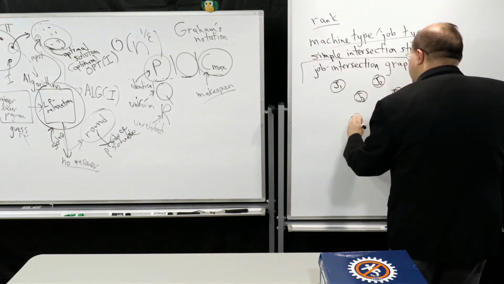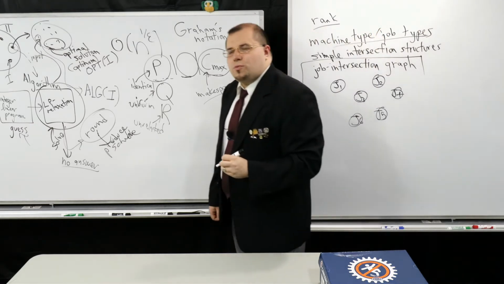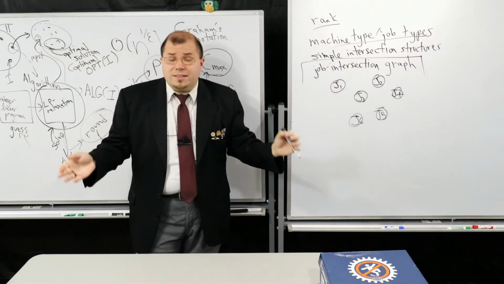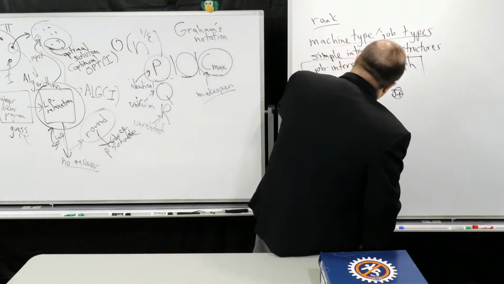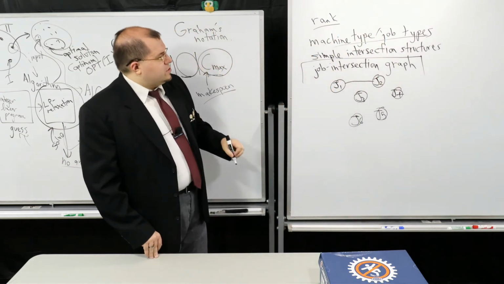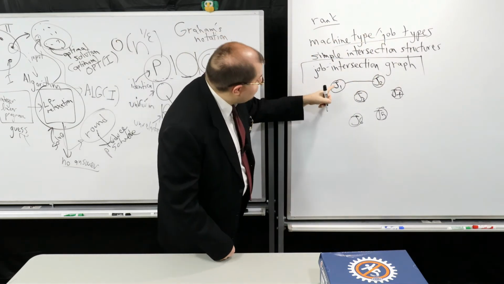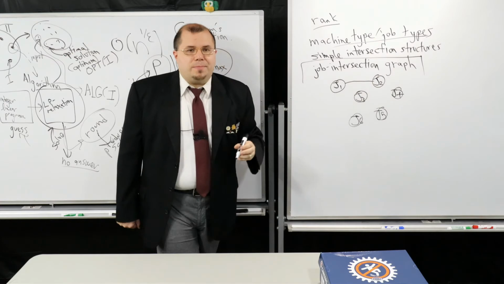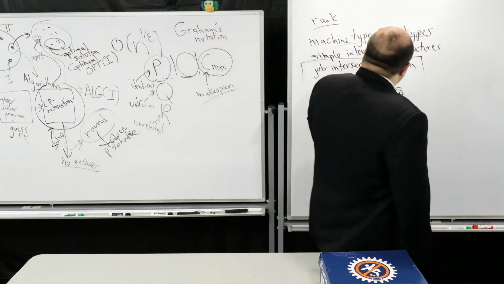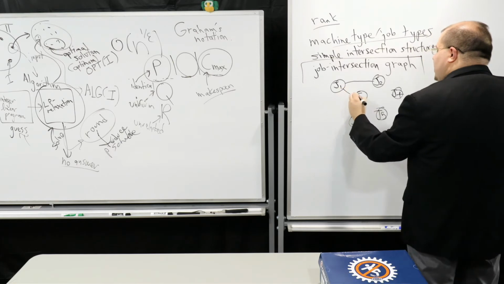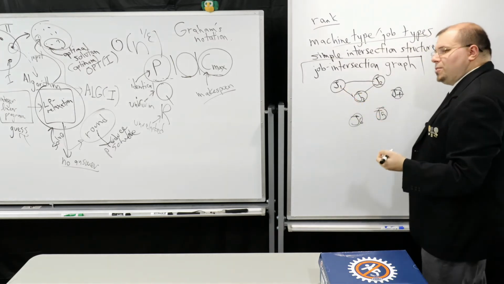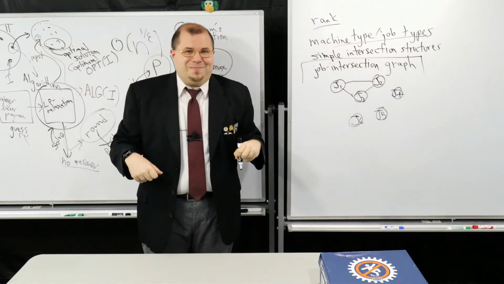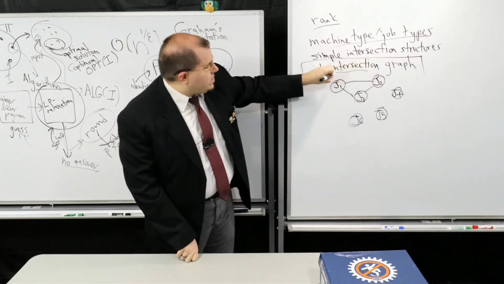The structure works as follows: if any two jobs can be placed onto the same machine, we connect an edge between them. For example, if there exists a machine that could schedule job 1 or job 2 or both, then we put an edge between them. Likewise, if job 1, job 2 and job 3 could all be placed on machine 1, then I would form a triangle. There might also be other machines that they have in common, so-called they share a common machine. Hence the intersection name in the job intersection graph.